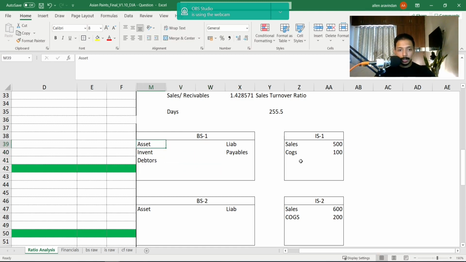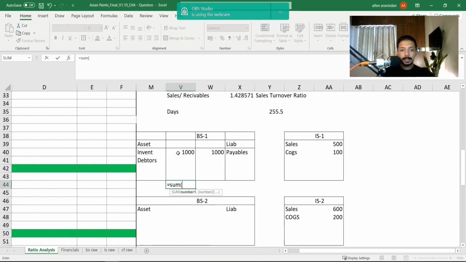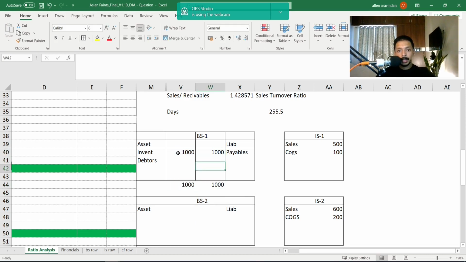So let's say inventory bought about 1000. I'm going to make a big number. And let's say the entire thing was bought on credit. So the entire second entry on my liability side will be the payables.